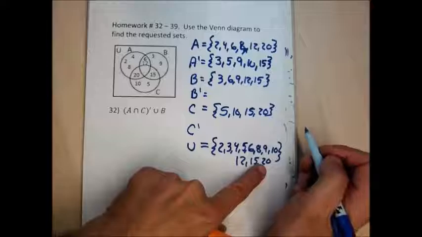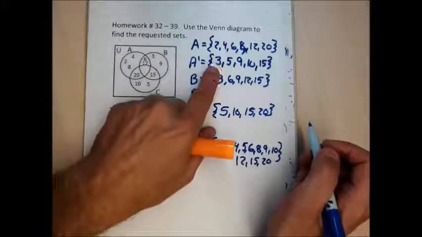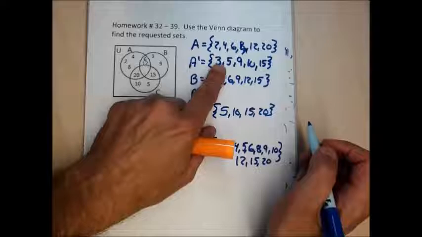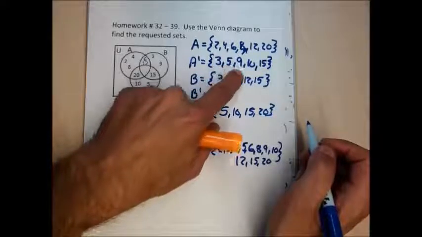And 20 is in A, so it's not part of the complement. So A complement, if I did this right, is 3, 5, 9, 10, and 15.